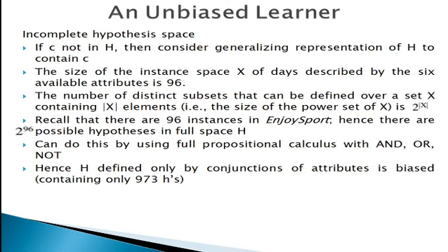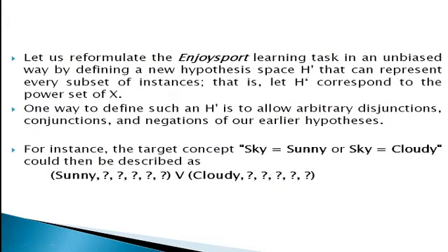So here our conjunctive hypothesis space is able to represent only 973 of these, a very biased hypothesis space. Now let us reformulate the EnjoySport learning task in an unbiased way by defining a new hypothesis space H' that can represent every subset of instances, that is, H' corresponds to the power set of X. One way to define such an H' is to allow arbitrary disjunctions, conjunctions and negations of our earlier hypotheses.